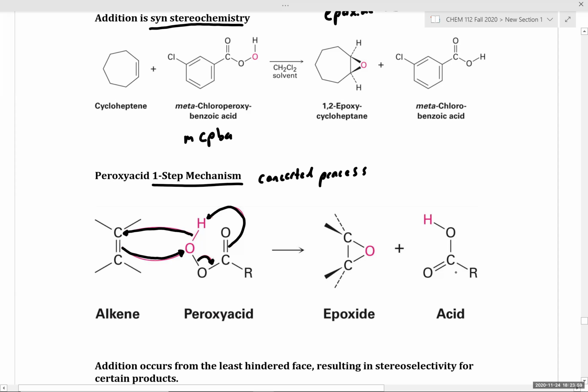So this is a concerted process where in the end, we have formed our two carbon-oxygen bonds, and we've broken this oxygen-hydrogen bond and formed a new oxygen-hydrogen bond. Really make sure that when you draw mechanisms, if they occur through a concerted process, you draw each of these arrows as one step.